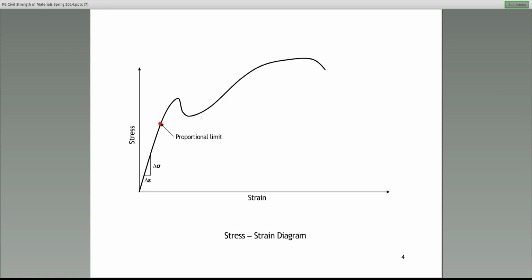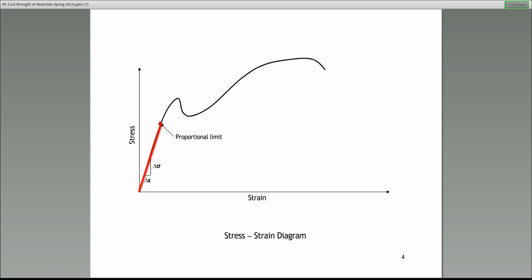All right? So proportional limit simply is the point on the curve below which the stress and strain are proportional. In other words, all the points below the proportional limit on this curve are proportional.